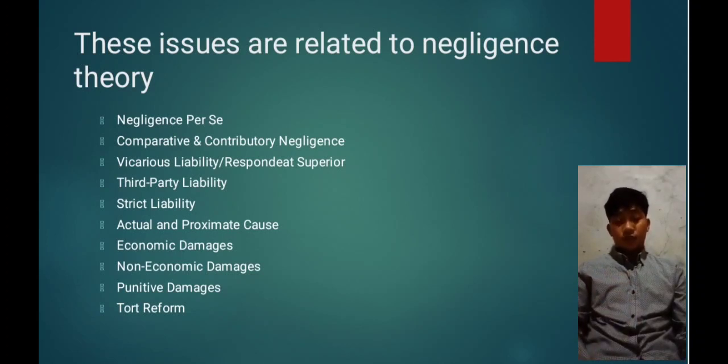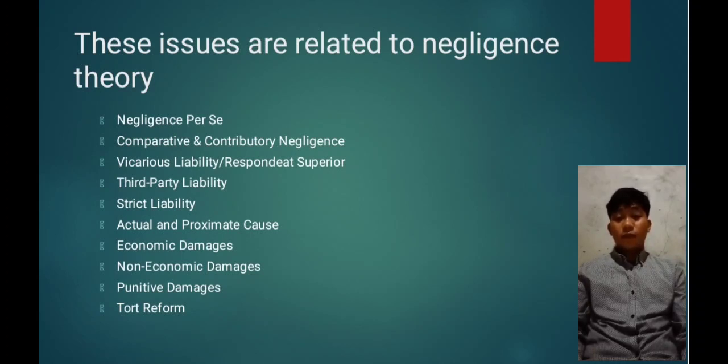And number three, vicarious liability, also known as imputed liability. This is an attachment of responsibility to a person for harm or damages caused by another person in a negligence lawsuit or criminal prosecution.